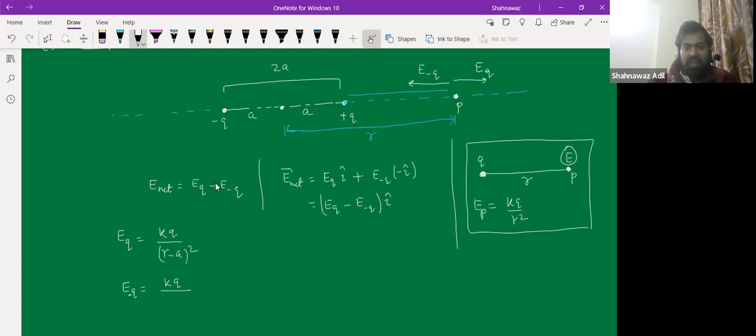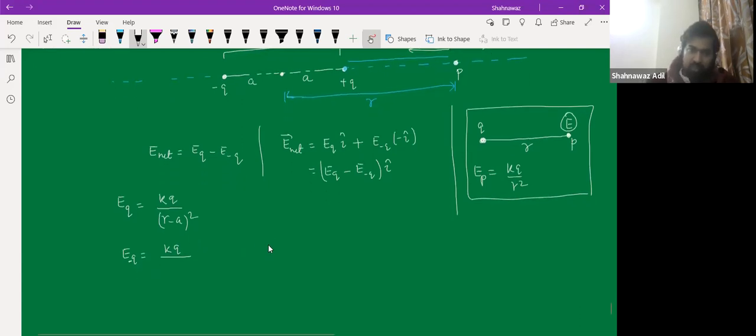Whenever we take the direction, then we don't require the negative charge because we have already incorporated the direction. Then what would be this thing, guys? R plus A the whole square. Good. Absolutely right. So you are revising.